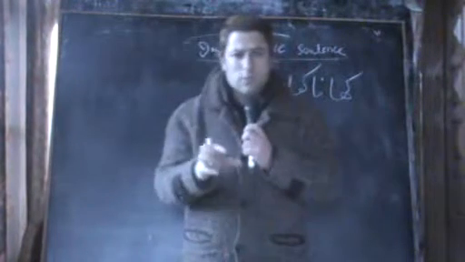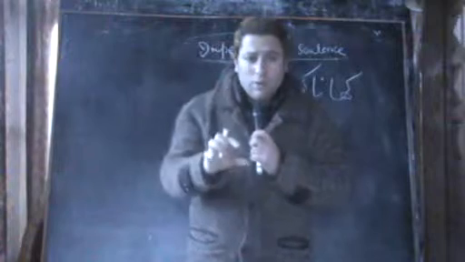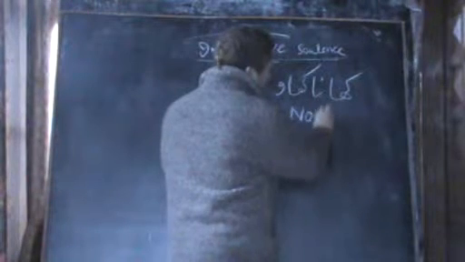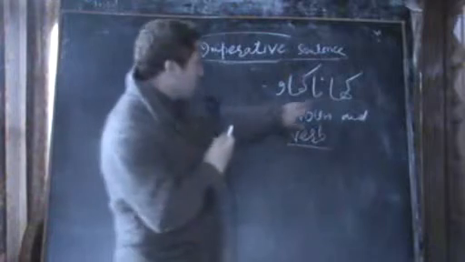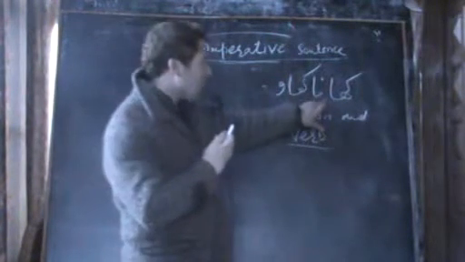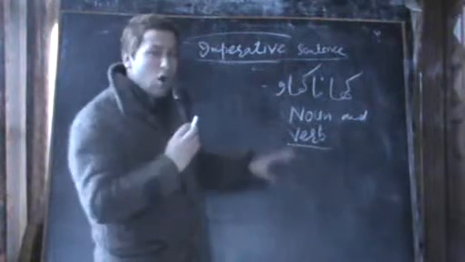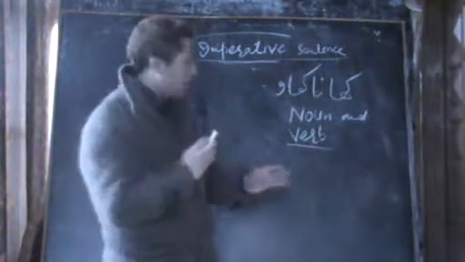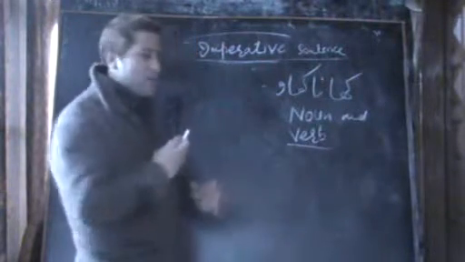I will write here, khana khao. When you have imperative sentences based on a noun and a verb, like this sentence, it is based on the noun, food, and the verb here, and you are the hidden subject.